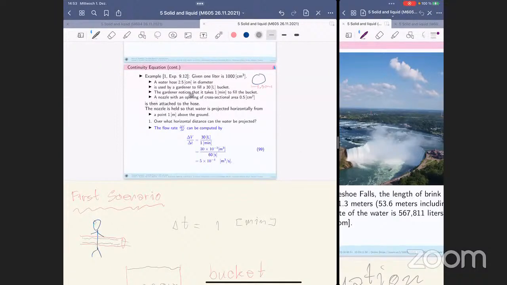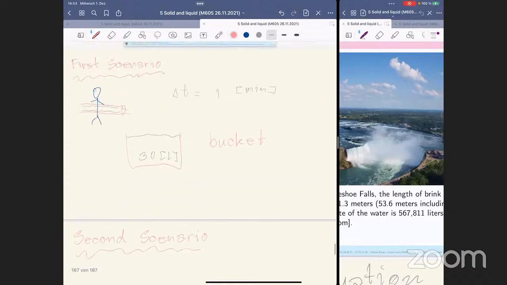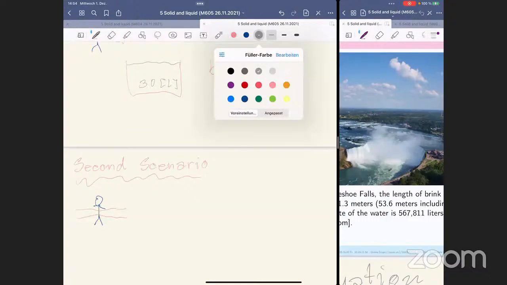Now in the second scenario, we attach the nozzle to this hose. The same hose, but we attach a new thing onto this water pipe.